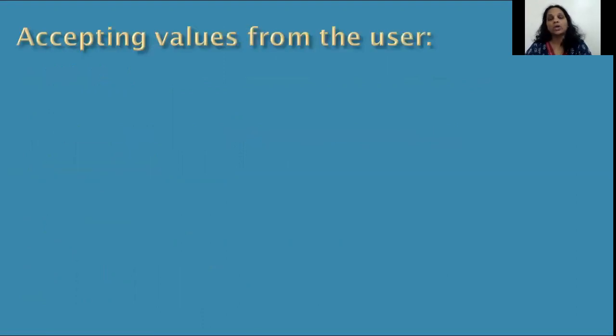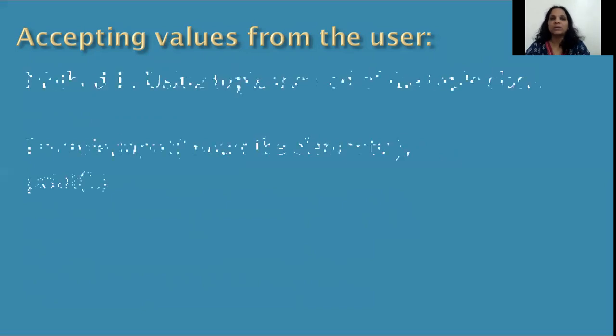Is that clear? Okay. Now, how do you accept values from the user? There are 2 ways that we could accept value from the user when we used a list. One was using the list method, one was using the eval method. Here too, we are going to be using one method called the tuple method, one method called the eval method. But both ways, whatever we learned in list is applicable here also.